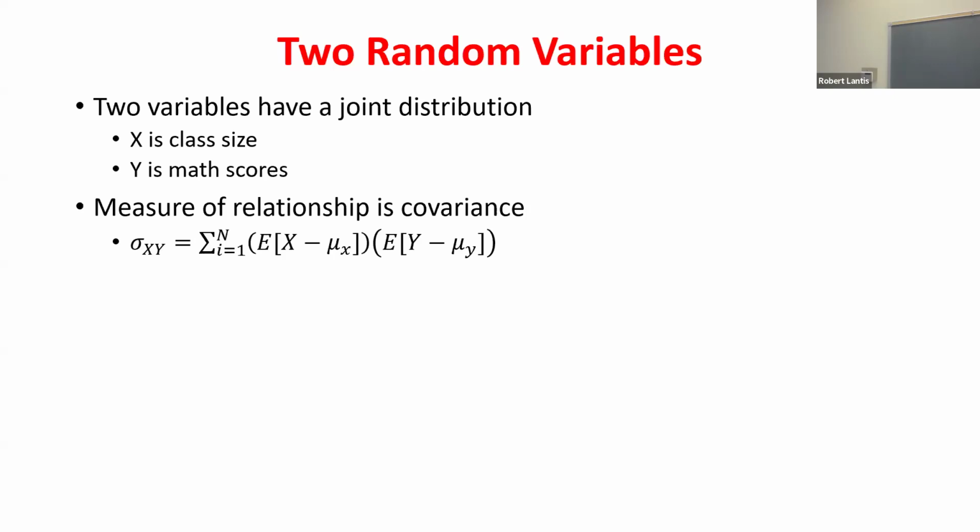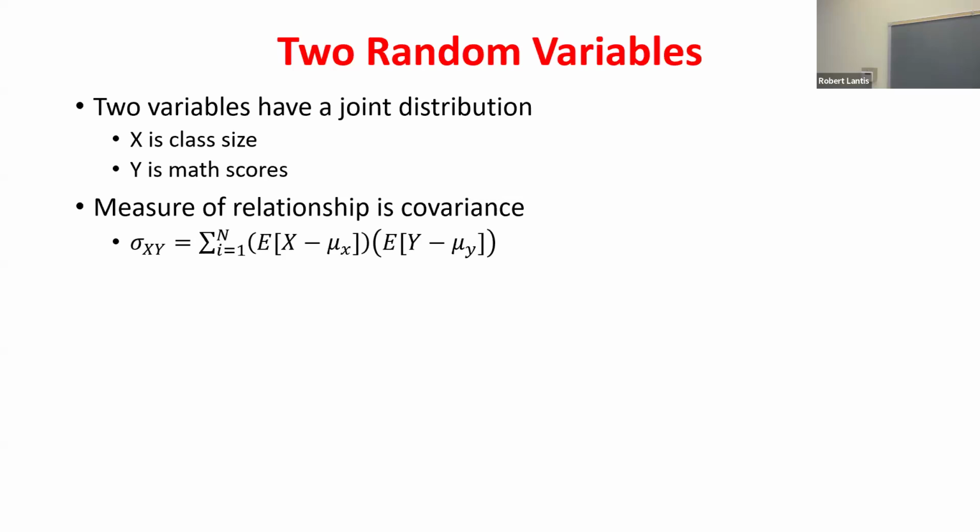Okay? So the covariance, once again, we're trying to get used to some of these symbols. I'm going to use sigma, and then you put the two variables you want the covariance between. So you might have data where you've got every different class and how many students were in it, and what the average score in that class was. You go to that very first school and ask, what was that school's deviation from the average class size?